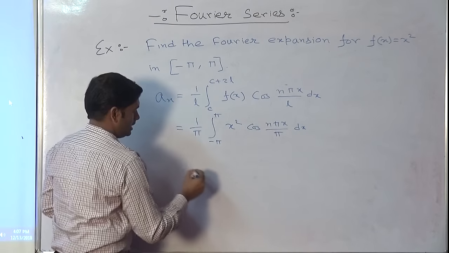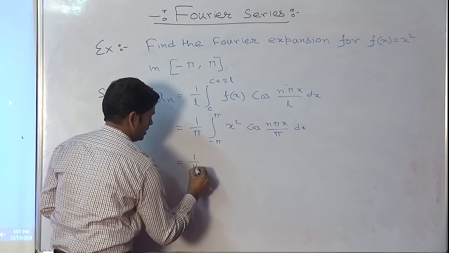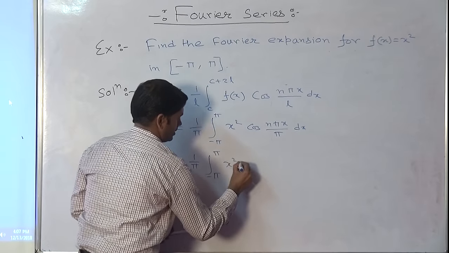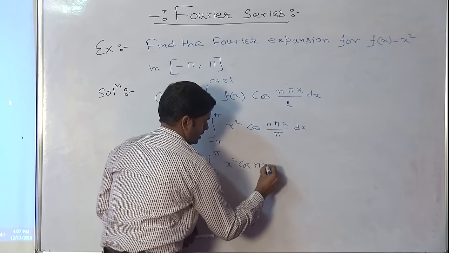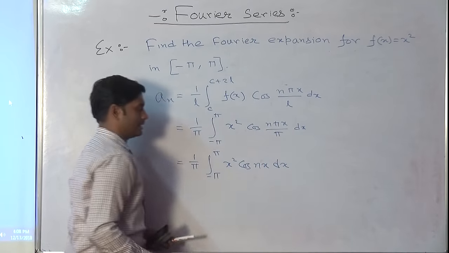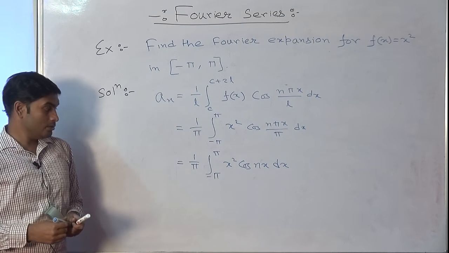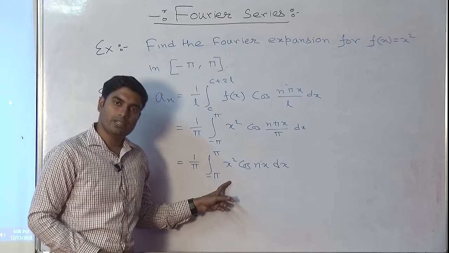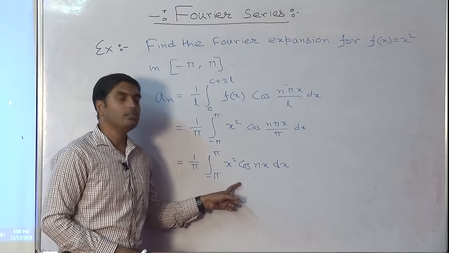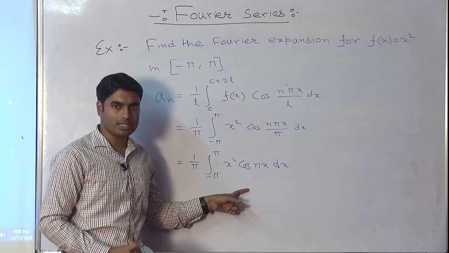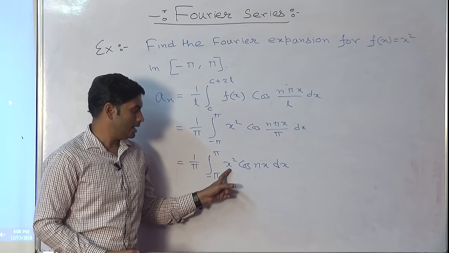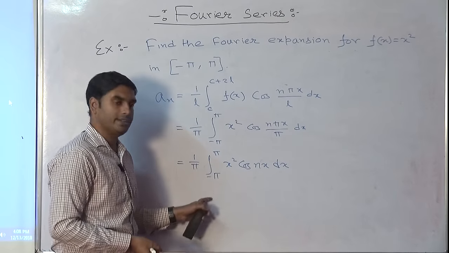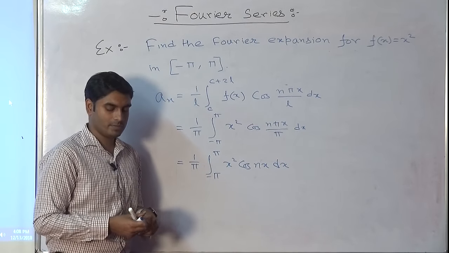Now pi got cancelled, so this is 1 by pi integral minus pi to pi x square cos of nx dx. Now see here, x square is an even function and cos of nx is also an even function, and the product of two even functions is again an even function, and we are integrating in a symmetric region.